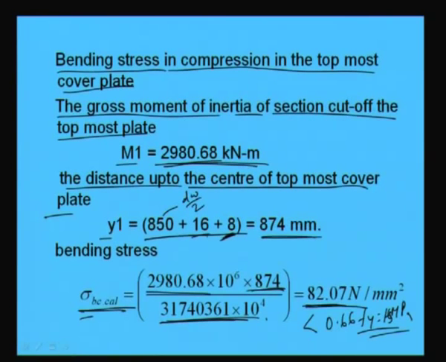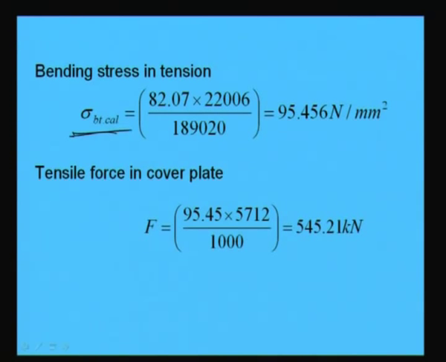When we are going to find out sigma BT calculated, we can find it by linear interpolation, right. This was sigma BC calculated. So, a little more will be the sigma BT calculated, that is 95.456. So, this is also okay.